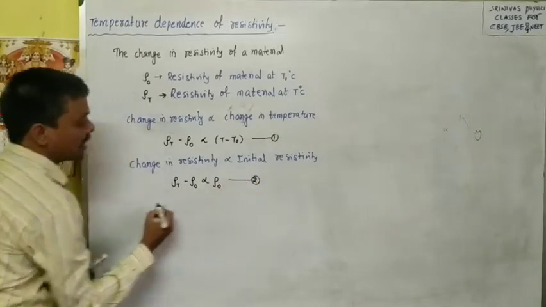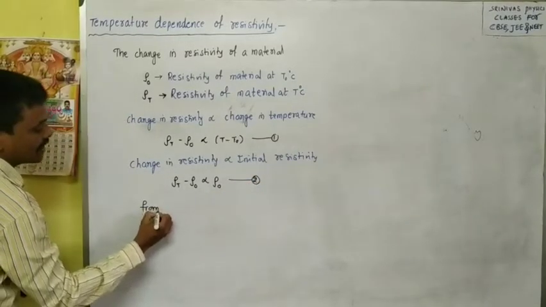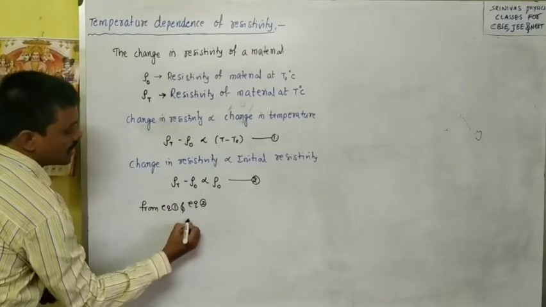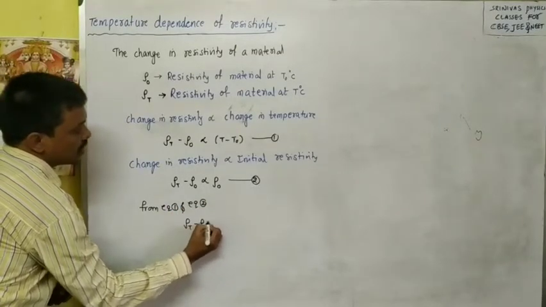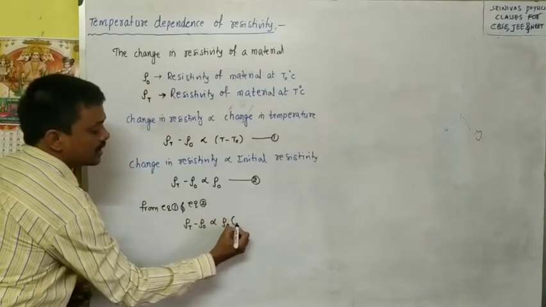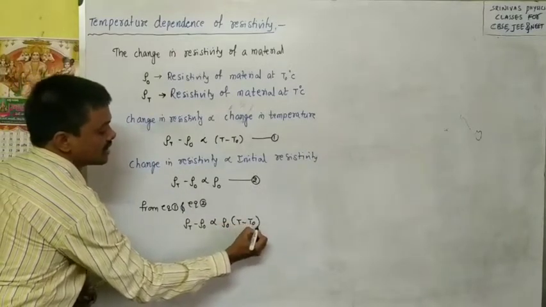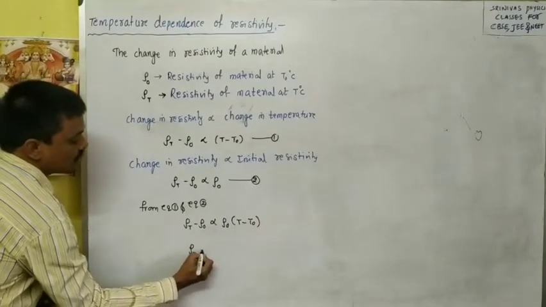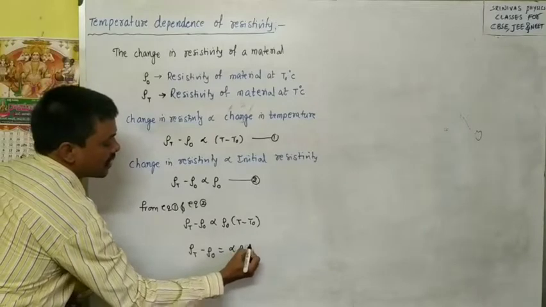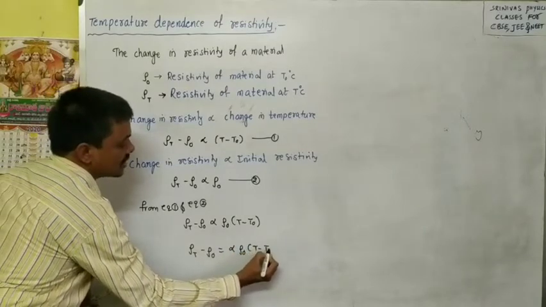Combining equations 1 and 2, the change in resistivity is proportional to the initial resistivity times the change in temperature. Removing the proportionality, we get a constant: rho T minus rho naught equals alpha rho naught into T minus T naught.